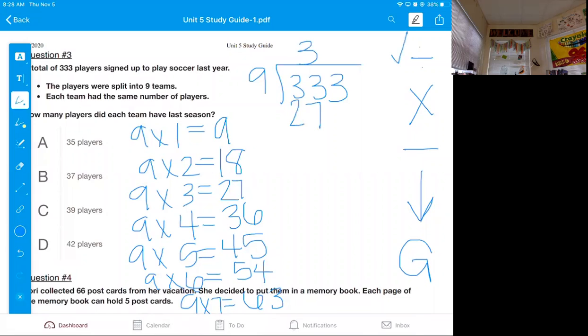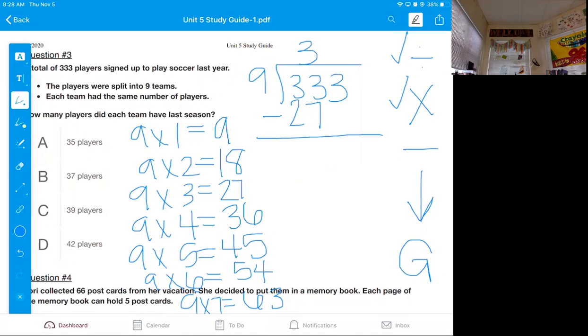I'm done with division and multiplication. Now I should subtract. All right. This is where some of y'all messed up when I was checking them. You got the hard stuff right, but you messed up on subtraction. Because if I only have 3, can I take 7 away? No. So you were supposed to regroup.